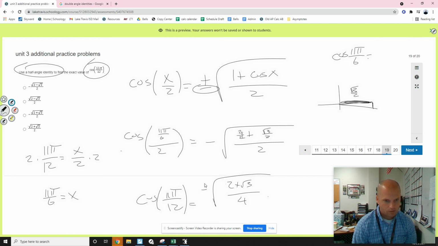Negative root. Oh, look at that. It's a big root, which means it's this root in the top, and the square root of 4 on the bottom is 2. So I got negative root 2 plus root 3 over 2. That one.